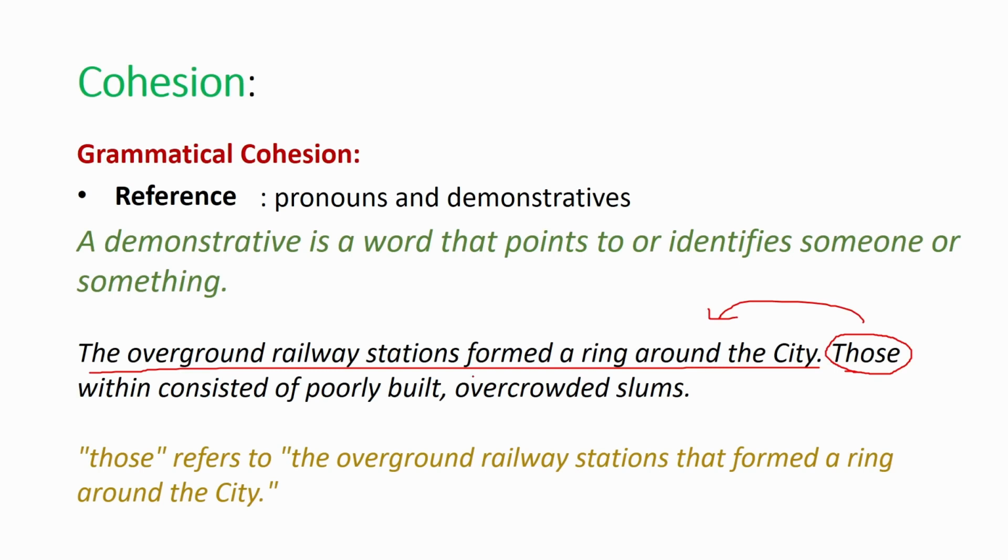And also we have another one here, the overground railway. So this shows that the writer is referring to a particular set of overground railway stations, and in this case, the ones that formed a ring around the city. It also implies that this point has been mentioned earlier, and the reader knows what system the writer is referring to.